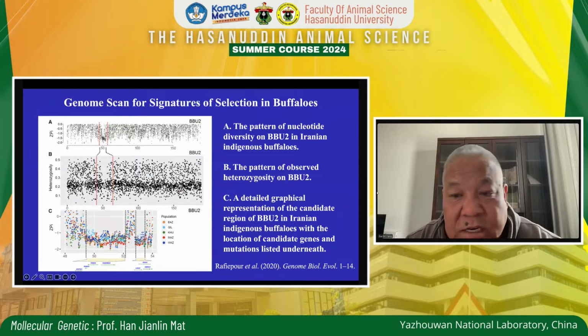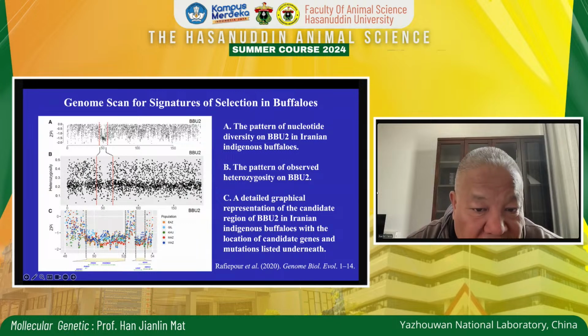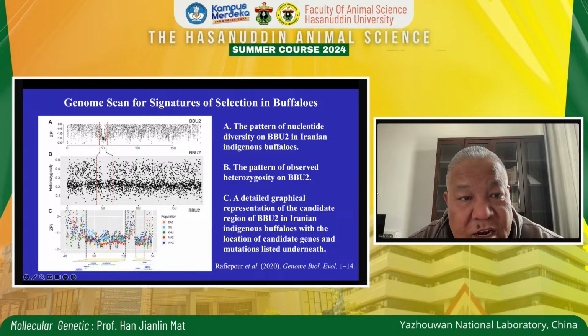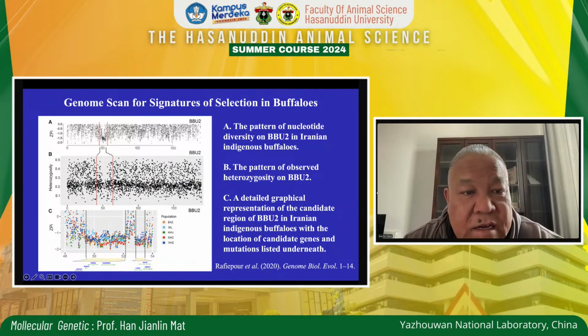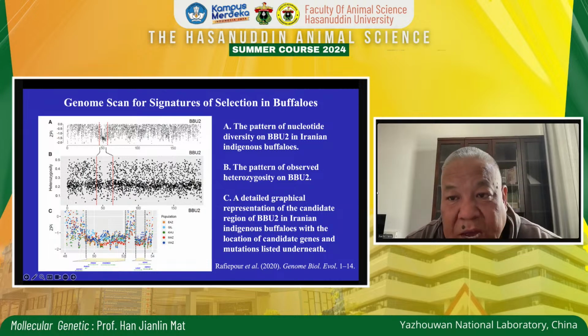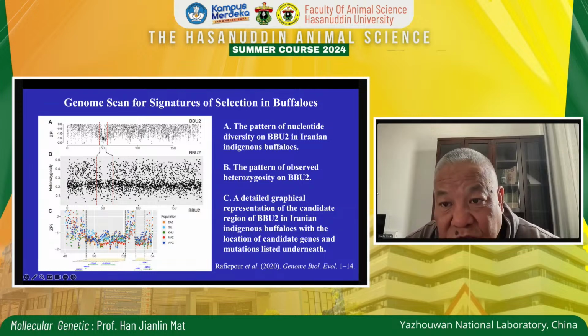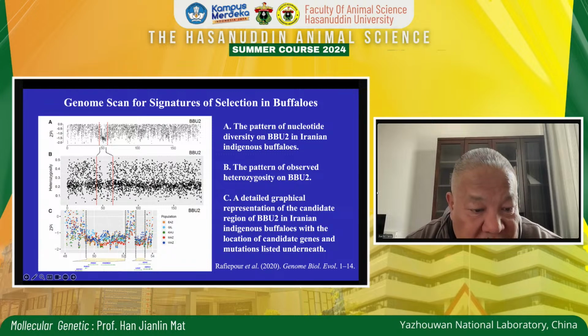And we did the whole genome scan. We were able to identify a genomic region on chromosome 2. And we see that in this area, they have a totally different diversity pattern. The level of diversity in this region is significantly reduced. And we can zoom into the region and see the genes within it.